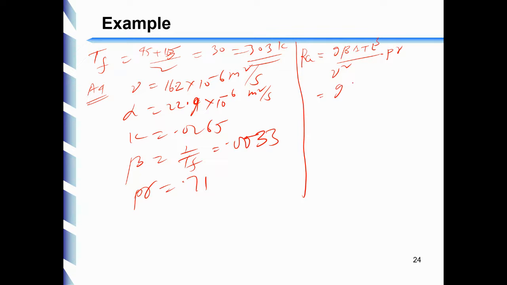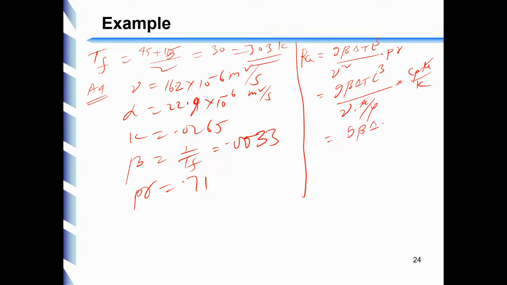We can rearrange this equation: g beta delta T L cube, gamma I keep, and the other gamma means mu by rho, and Prandtl number means Cp mu by k. So mu cancels.